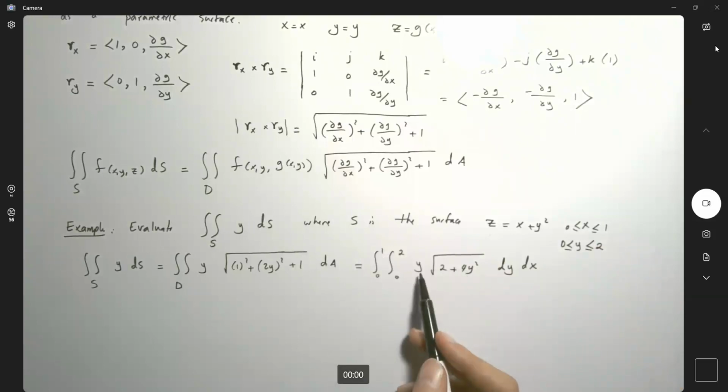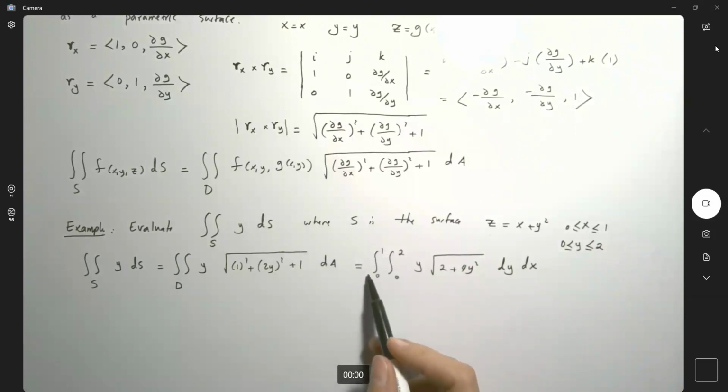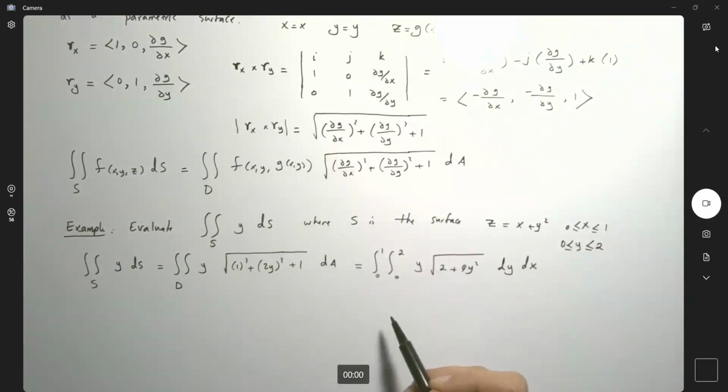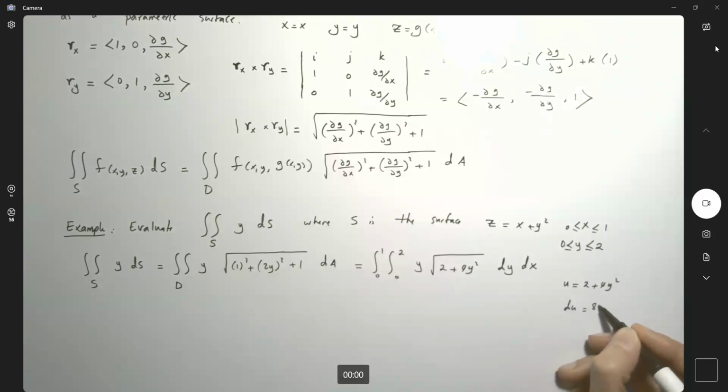Here you can factor out, for example, 2, and you have the square root of 2 in front of the integral, or you can just say, hey, I want to take this as my u. Either is fine. So if you take u to be 2 plus 4y squared, du is 8y dy.